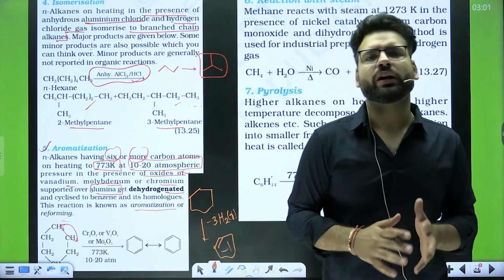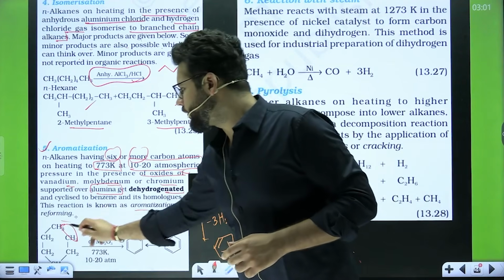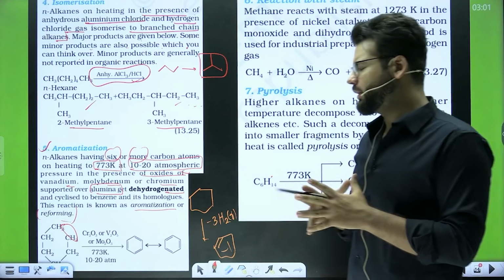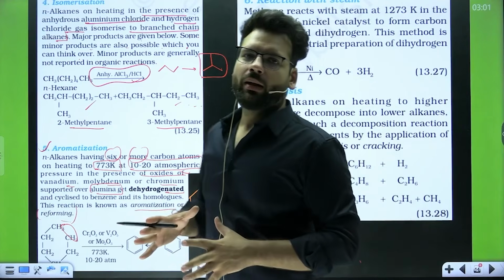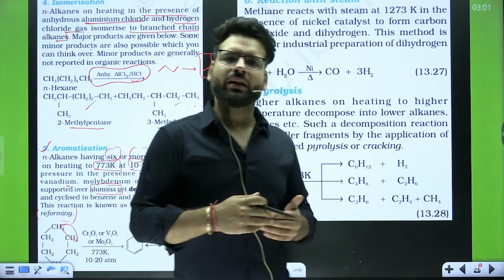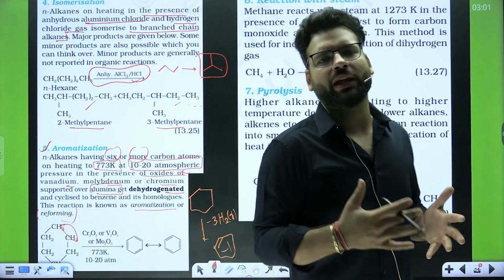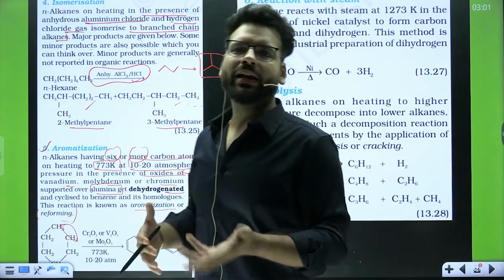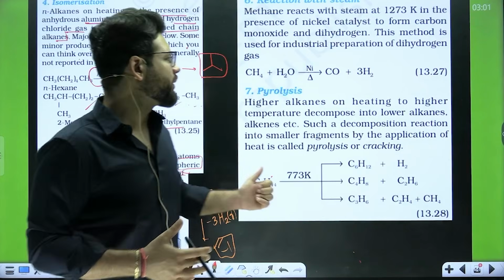We can also call it the reformation reaction. Okay, this is the name of this reaction. So hexane gives you benzene. Same way heptane will give you toluene. Same way octane can give you ethylbenzene. Right? So these are the ones.